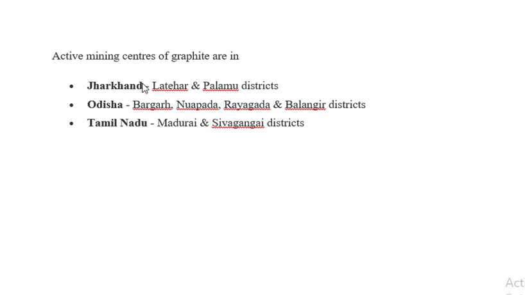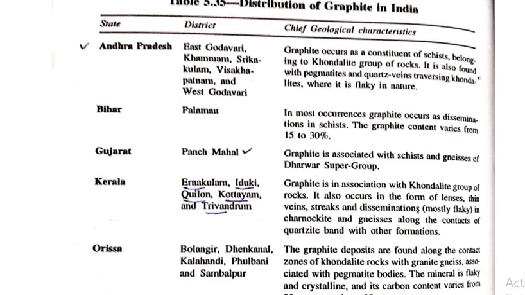In that, Jharkhand has the Latehar and Palamu districts, Odisha has Bargarh, Nuapada, Rayagada and Balangir districts, and Tamil Nadu has graphite deposits and reserves in Madurai and Sivagangai districts. Now we'll study graphite deposits according to the states where they occur and their geological setup, in what form they occur in the states.